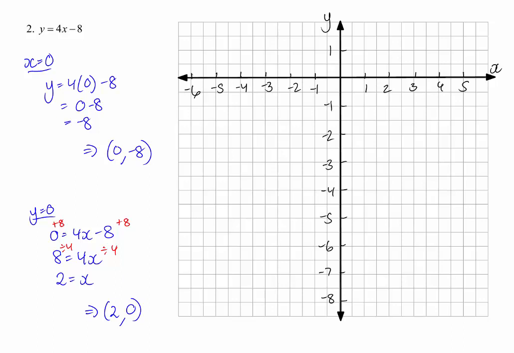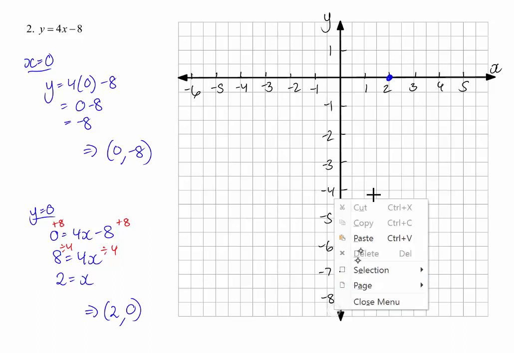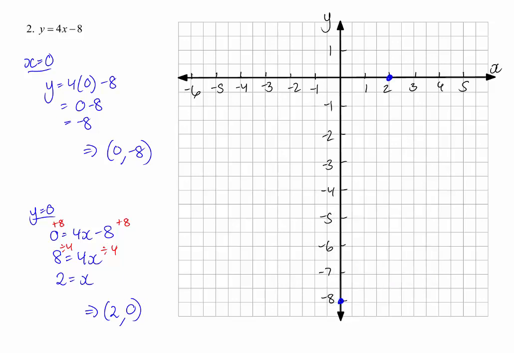And now plot my points. So I have 0, -8, and 2, 0. And again, just check a third point in your head or using your calculator. You don't actually have to include it. Oops. It's very hard to sketch on a computer screen. As you will see, this will be off.